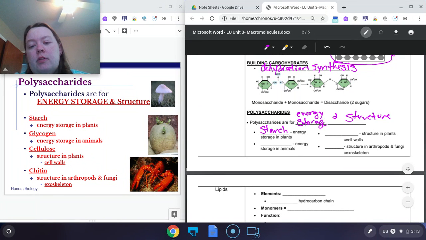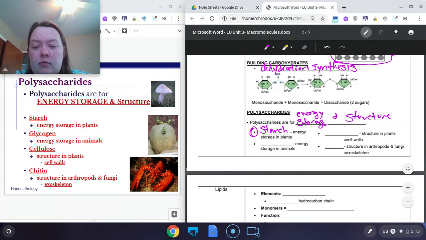One way I remember this is because when I think of starches, I think of potatoes. Potatoes are really starchy. And potatoes are found underground. They're actually tubers. And it's the storage form for the plant. So that's how I remember starch. Potatoes are starchy. And it's found underground for storage.